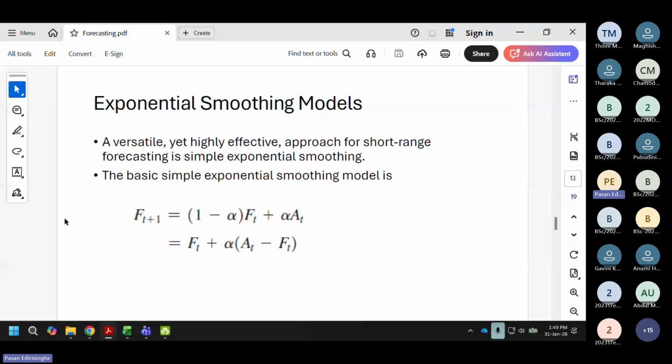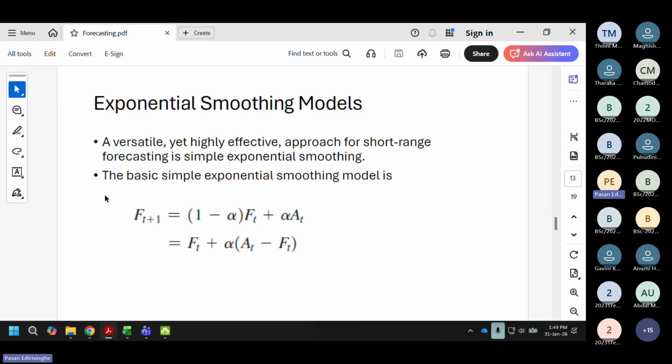This technique we can extend up to the second level and third level as well. So we call them first order, second order and third order exponential smoothing, or double exponential smoothing and triple exponential smoothing as well.